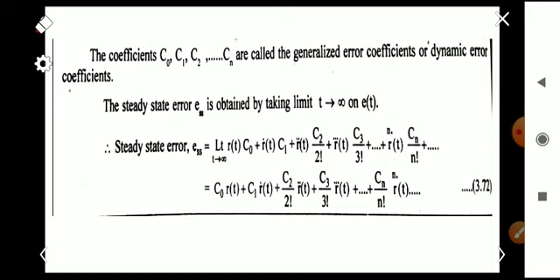As already said, the values of C0, C1 and so on depend upon the function F of S. C0 is equal to the limit as s tends to 0 of F of S, and C1 is equal to the limit as s tends to 0 of d by ds of F of S, the first derivative, applying s tends to 0.